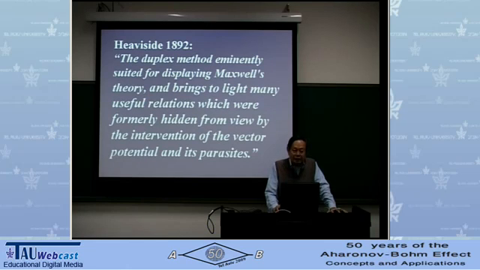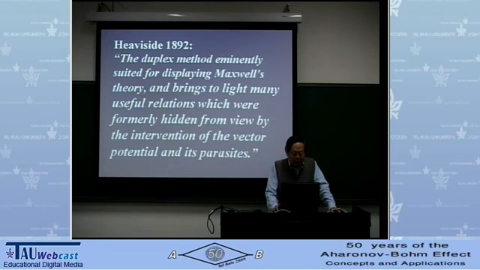In 1892, he said, the duplex method, being the method using E and H without A, is eminently suited for displaying Maxwell's theory and brings to light many useful relations which were formerly hidden from view by the intervention of the vector potential and its parasites, the parasite being the scalar potential.